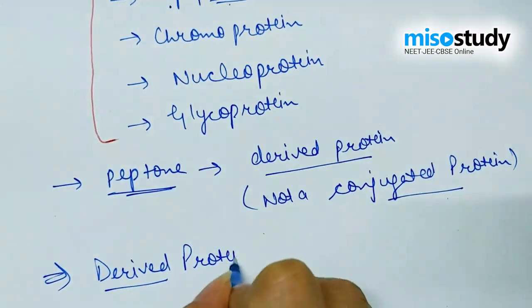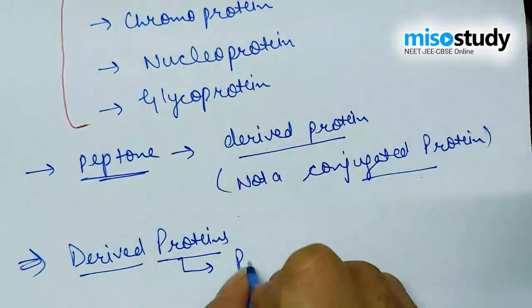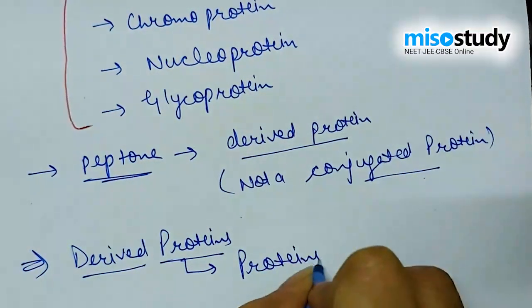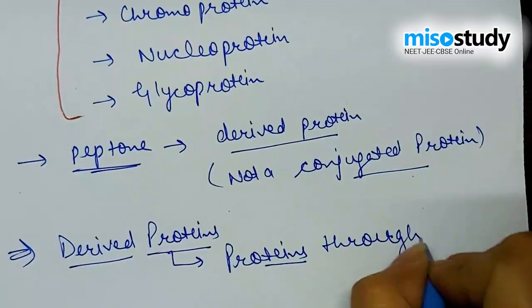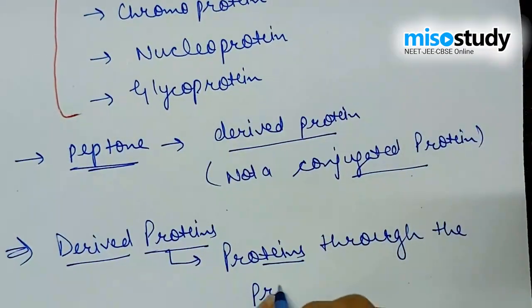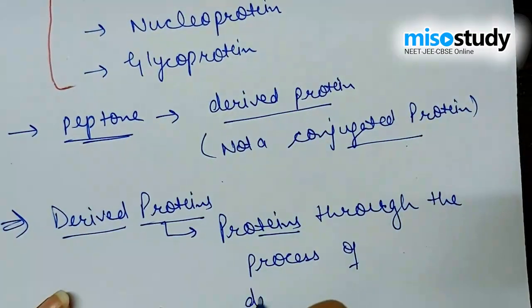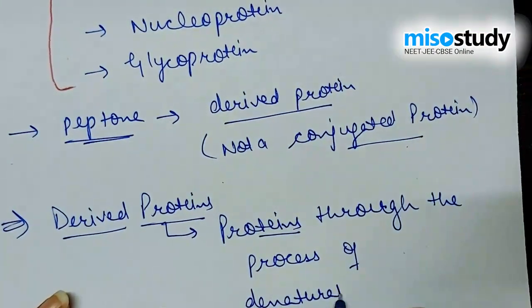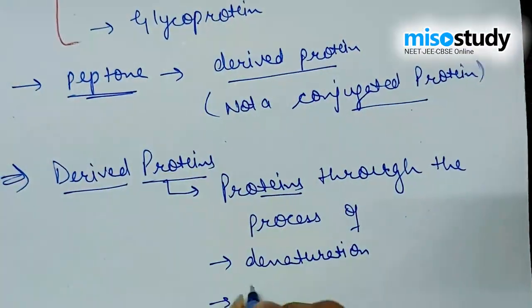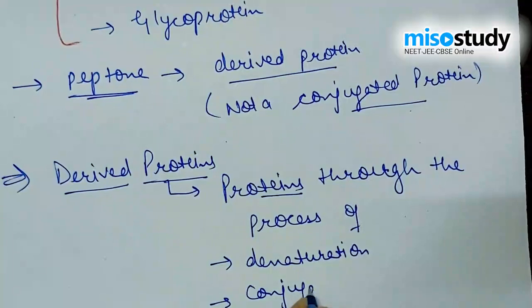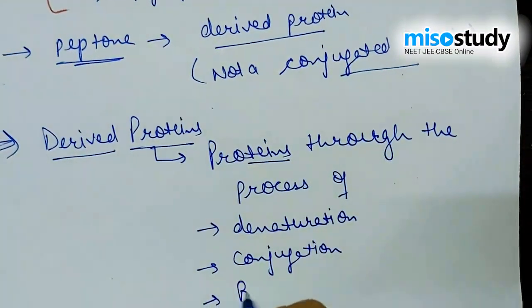Derived proteins are obtained from proteins through the process of denaturation, conjugation, and breakdown.